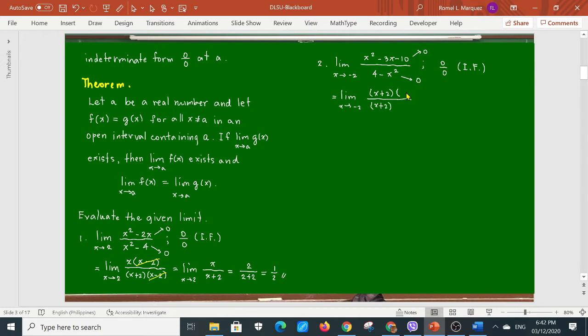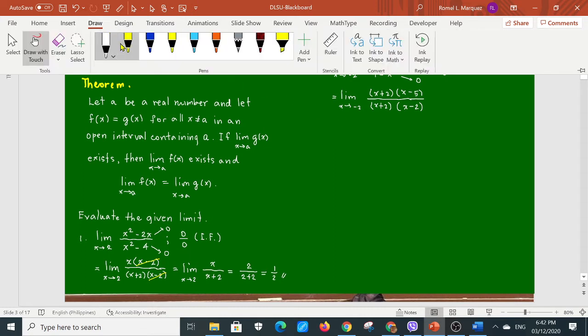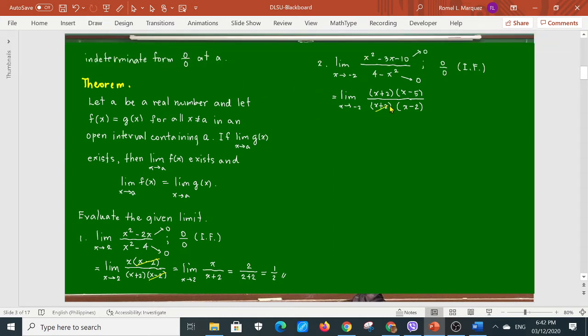So then here we have x minus, is it minus 5? All over, in the denominator, we have x minus 2, the other factor. From which we can now cancel x plus 2. It is allowed to cancel that because remember, x is not really equal to negative 2. It is just approaching. So we can cancel that.